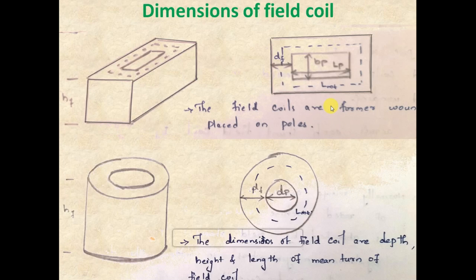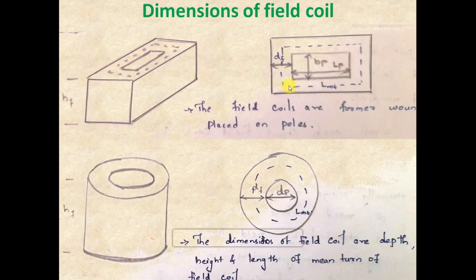But more accurately, we will be using another relation to find the value of length of mean turn. The length of mean turn is indicated by this dotted line. So the length of mean turn can be written as LP plus DF by 2 plus DF by 2, plus BP plus DF by 2 plus DF by 2, again plus LP plus DF by 2 plus DF by 2, again plus BP plus DF by 2 plus DF by 2.